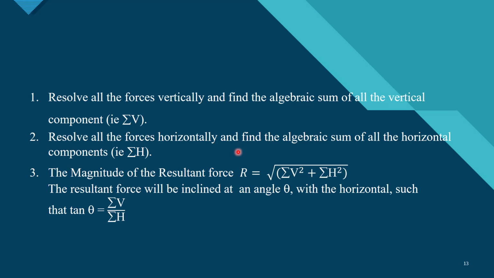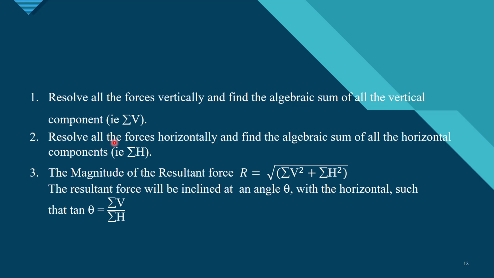There will be 6 components acting along the x direction and 6 components acting along the y direction. Now you find the algebraic sum of all the forces along the x direction. Similarly, you can find the algebraic sum of all the forces acting along the y direction.